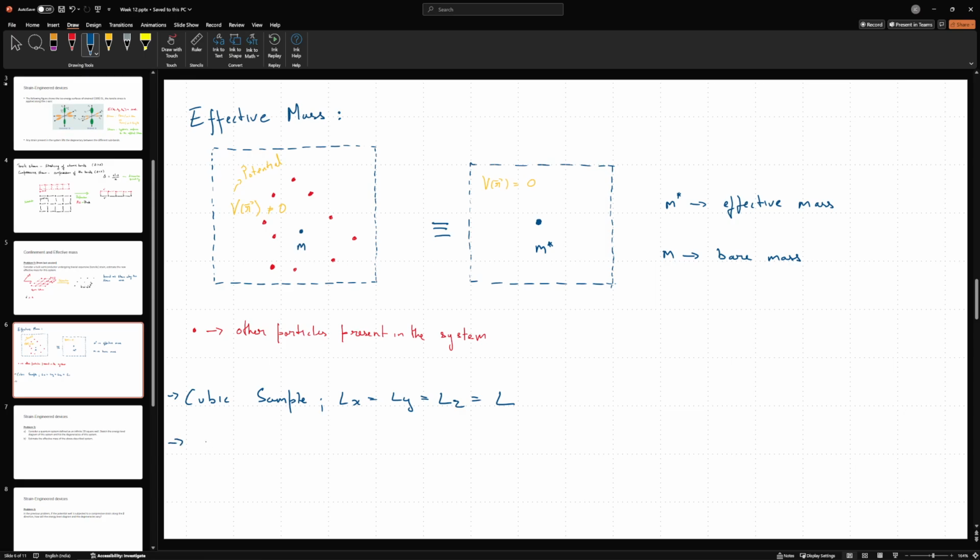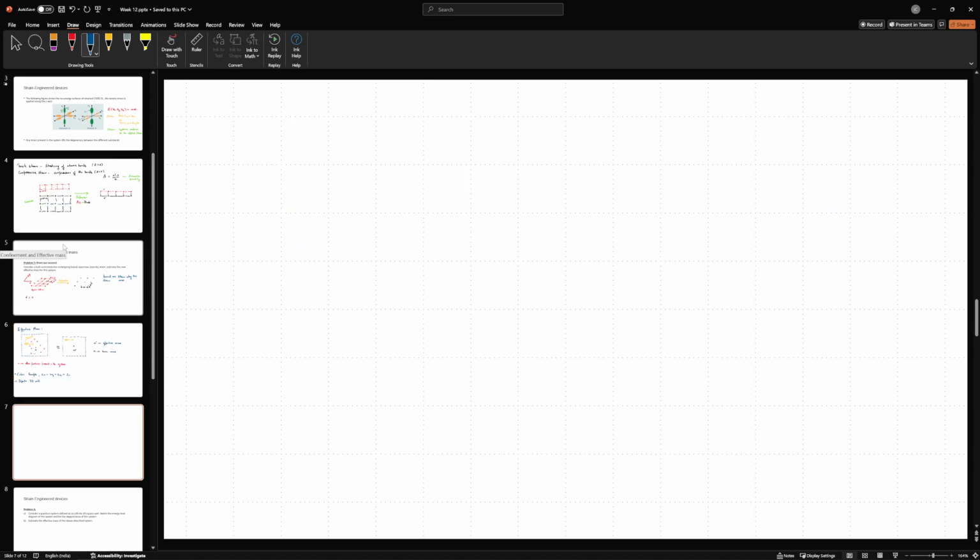The second part that I assume is that I'm going to treat the system as an infinite 3D well. So these are the two assumptions that I need.